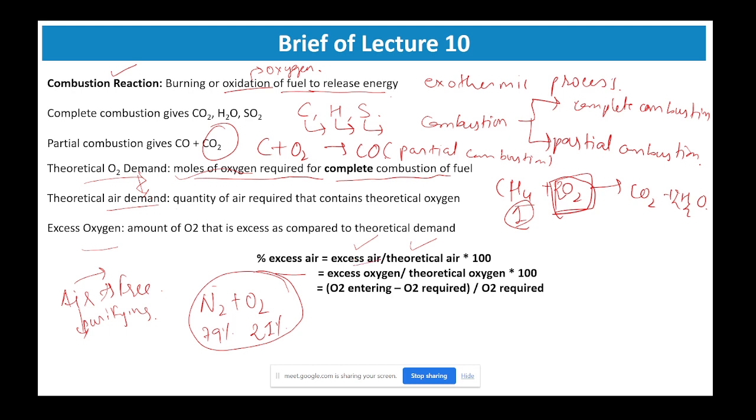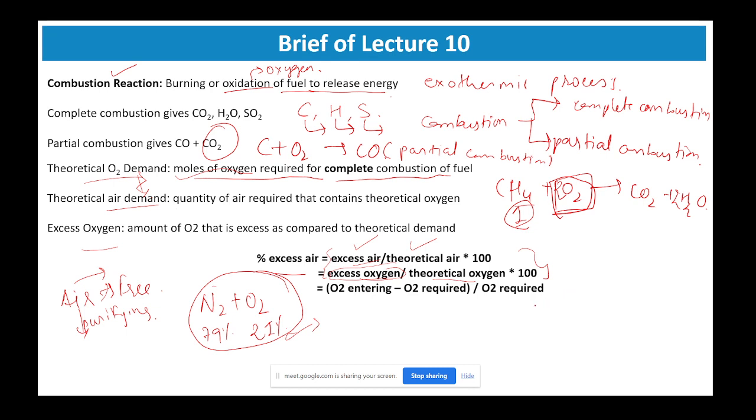Excess oxygen is the excess oxygen per unit theoretical oxygen into 100. These two are the same, because the conversion of oxygen to air moles is just by a factor, which is 21%.